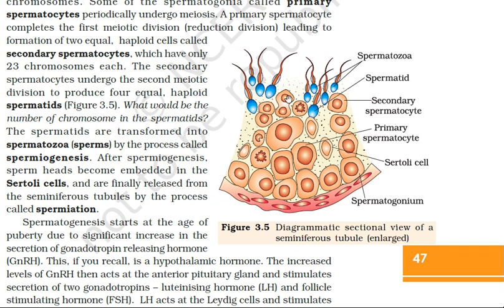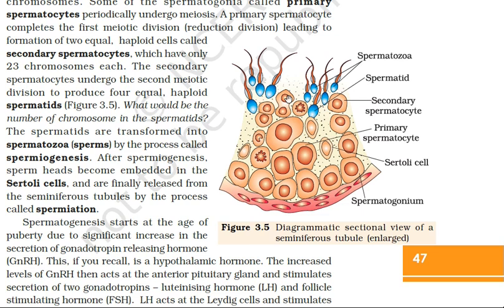LH, or ICSH, interstitial cell stimulating hormone, stimulates the Leydig cells or interstitial cells to secrete androgen like testosterone, which I had mentioned in my previous lecture, and which is required for the process of spermatogenesis.